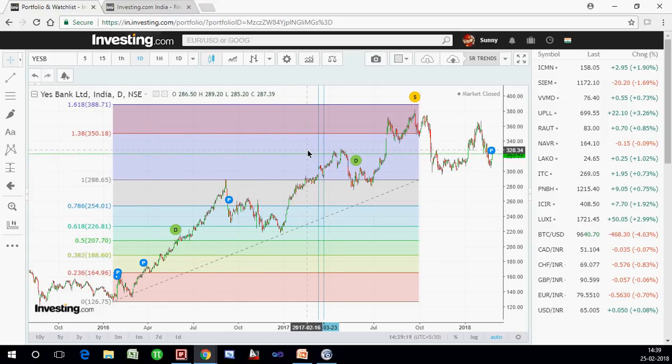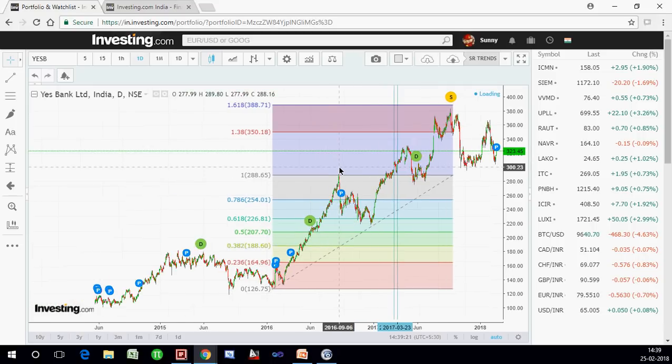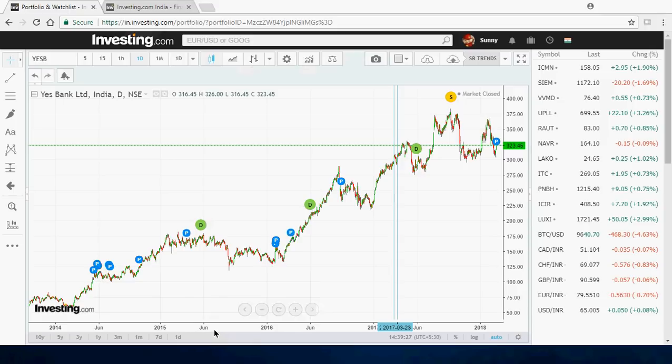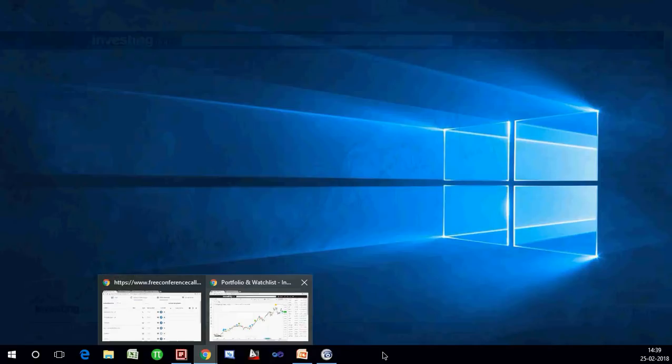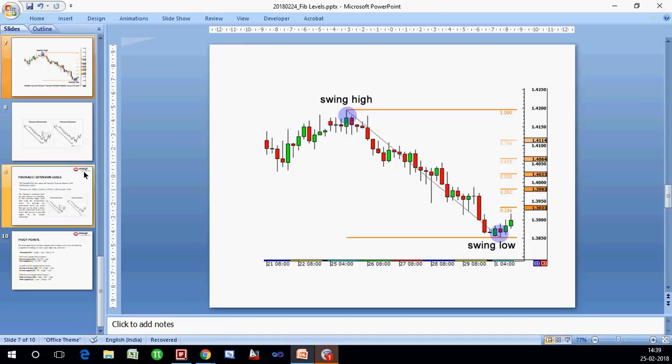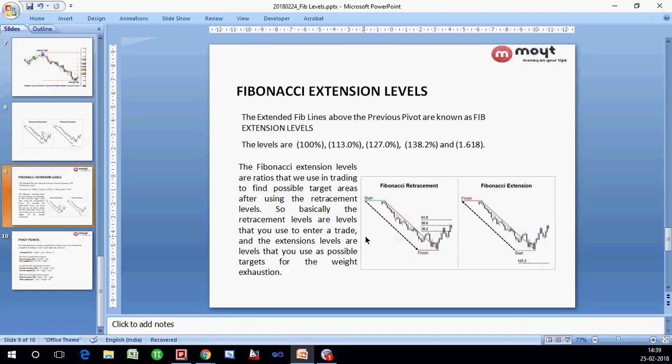So is this clear, guys? Some response please. Yes, so these are the levels: 100, 113.